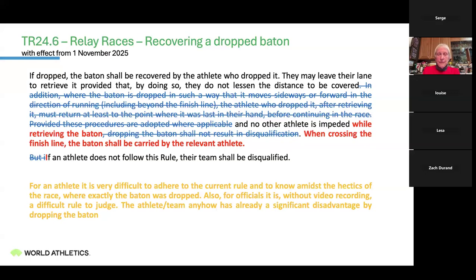The athlete or team, anyhow, has been significantly disadvantaged by dropping the baton. So once again, they can't lessen the distance. They can't hinder another athlete. But now you don't have to worry about what exact spot they dropped it, et cetera. So hopefully that makes judging this a little easier.